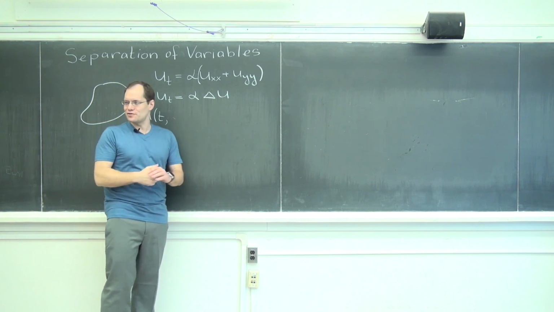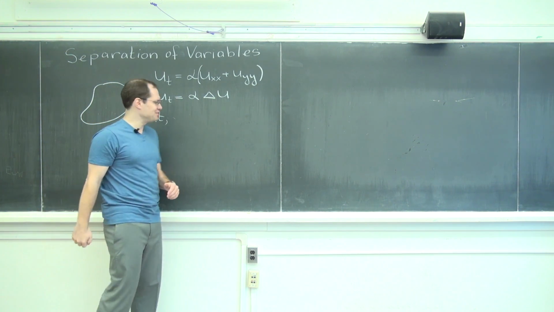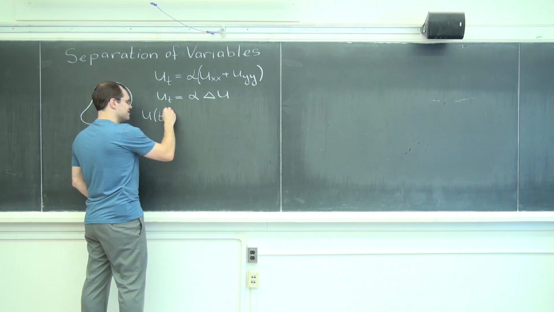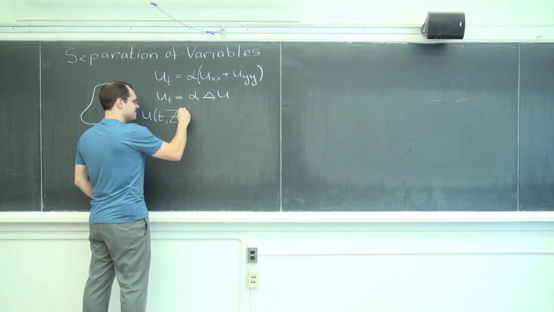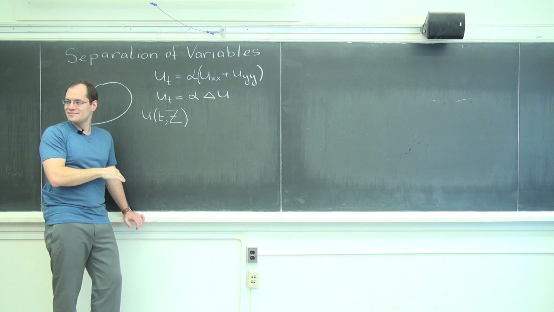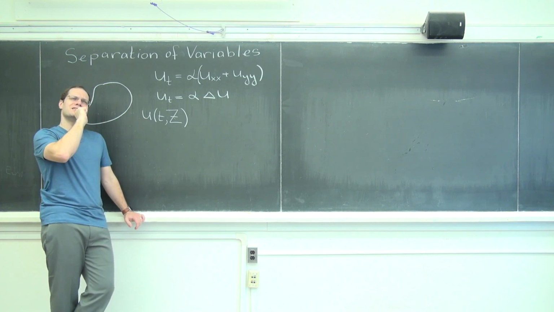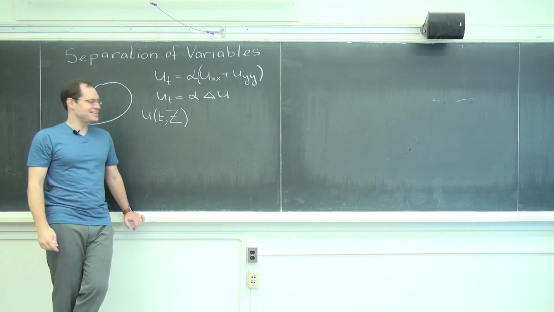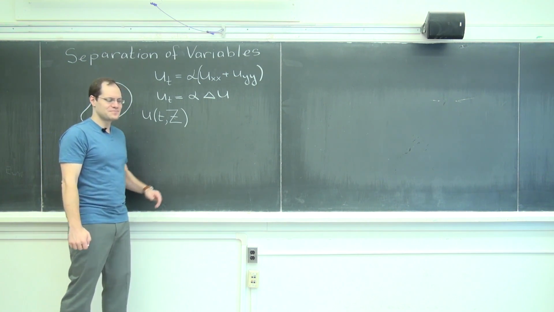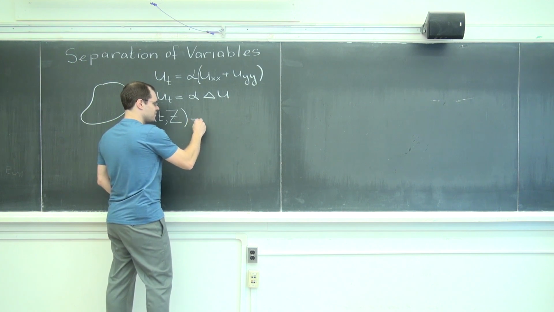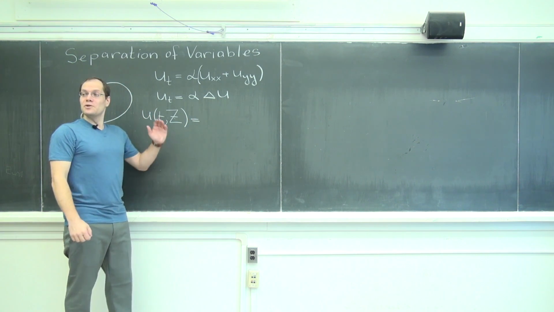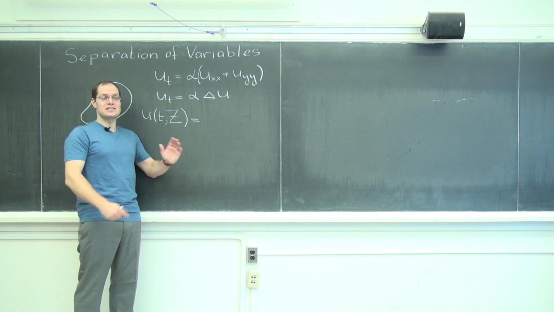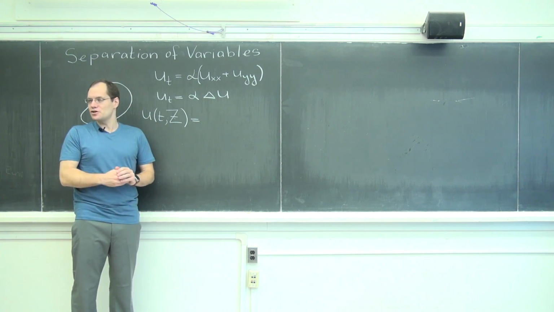I actually prefer the letter z, if you would bear with me, because it's not x or y. Capital Z will be a product of a function of spatial variables only.